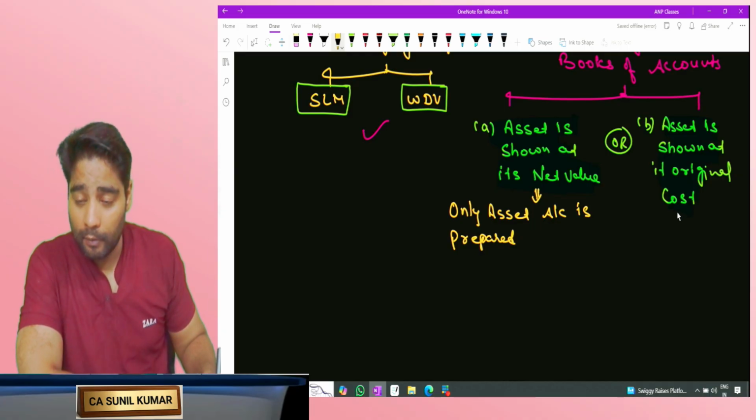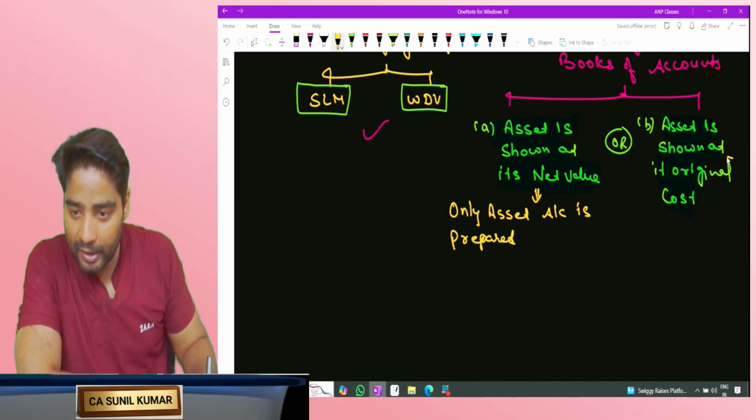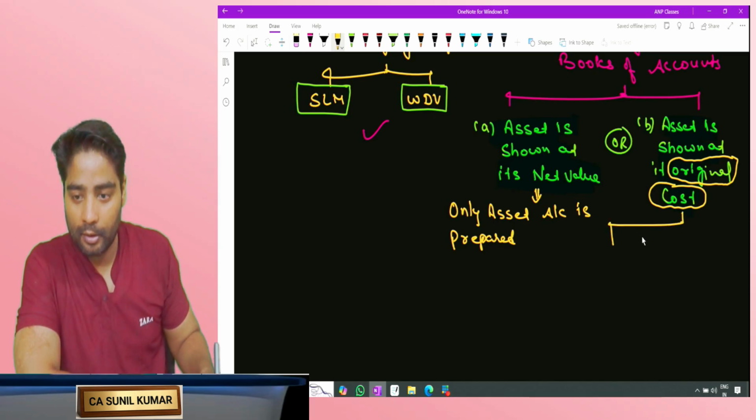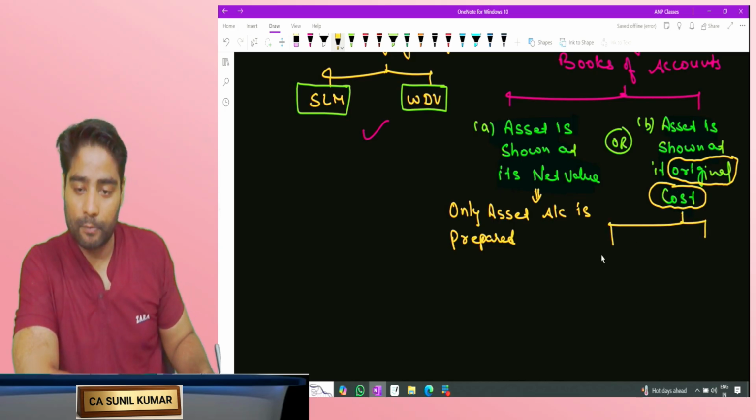But if we are showing the asset at its original cost, then there will be two accounts.